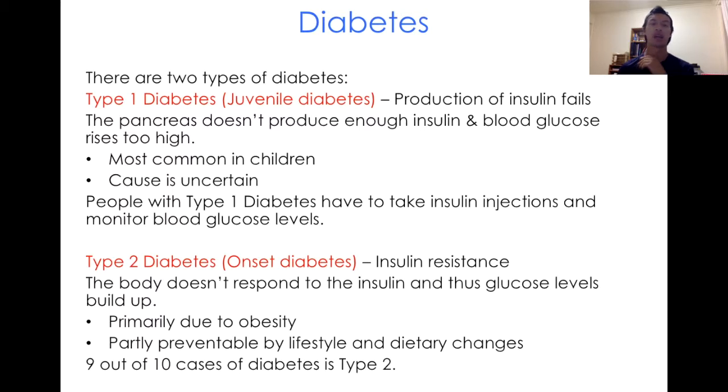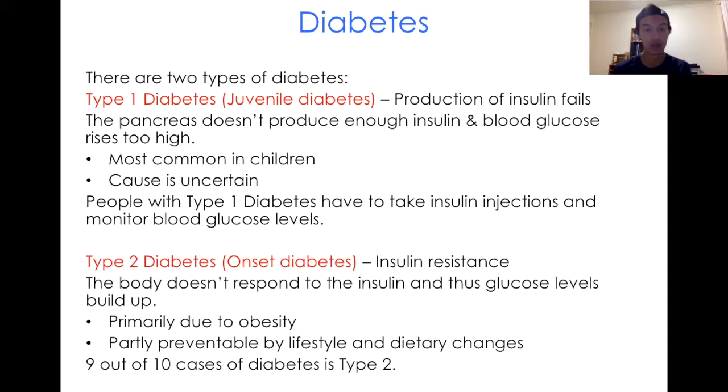Diet needs to be regulated. They need to take their insulin tablets or injections quite regularly to make sure that the body still has enough insulin traveling around the blood to regulate blood glucose levels, because the pancreas isn't making any of it. And so that is an issue that they have to live with for life.